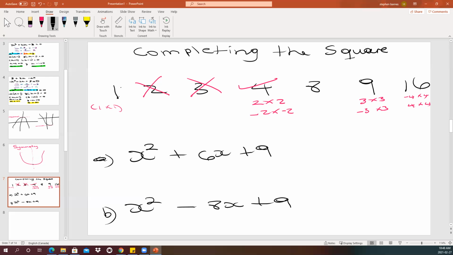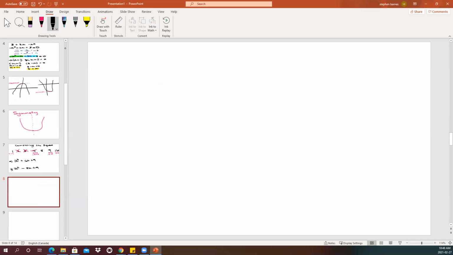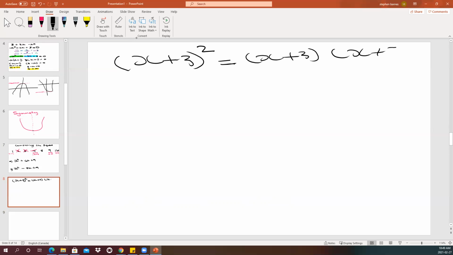So let's look at where it comes from, the origin of it. Let's say I have x plus 3 squared. Anything that I get from x plus 3 squared is going to be a perfect square because it's multiplied by itself, right? x plus 3 squared is equal to x plus 3 times x plus 3.